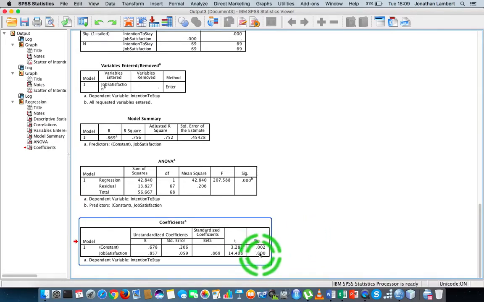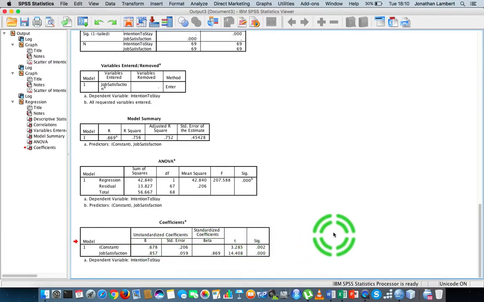Which means the null hypothesis is that the coefficient should be 0. The alternative is that it's not 0. Once again, if the p is low, the null must go. And clearly our p-value, our significance, is less than our significance level, which is 0.05, or the 5% level. So there's evidence to suggest that this is a real value. And likewise, in relation to the constant term, there's evidence to suggest that that's real as well.